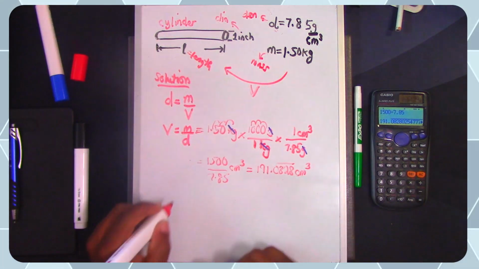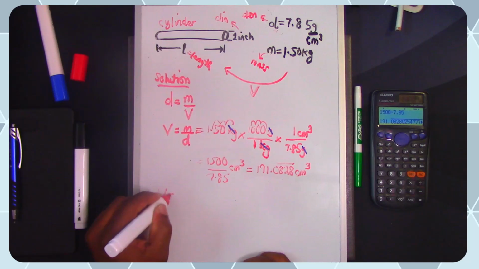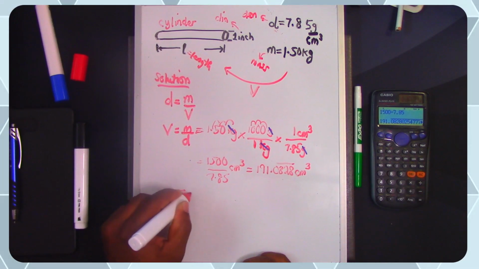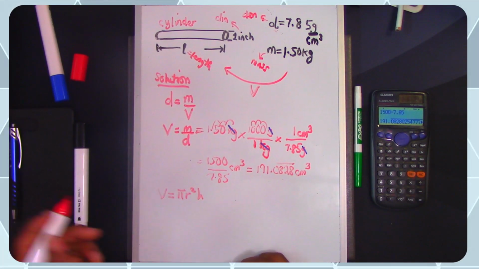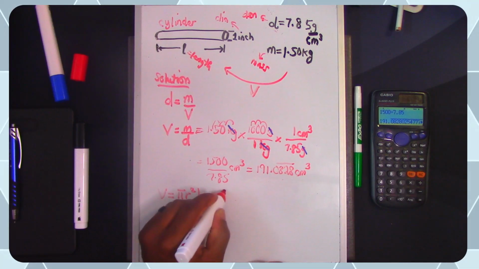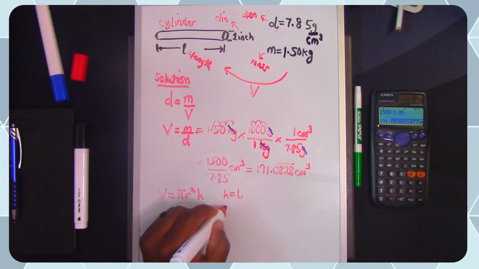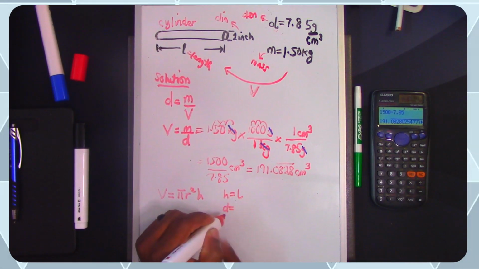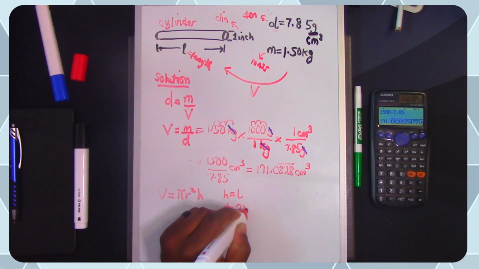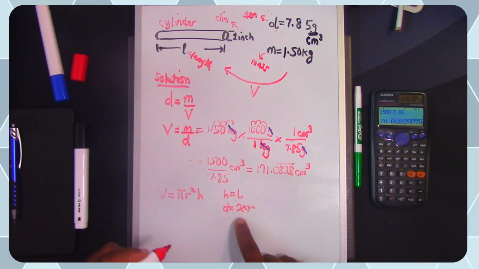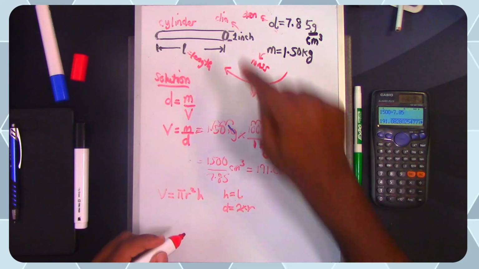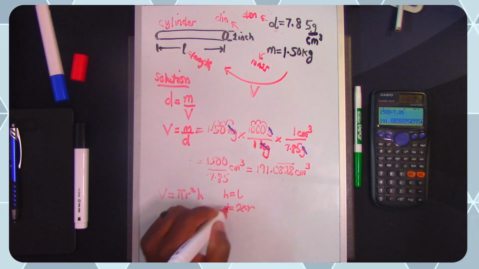Now the volume of a cylinder states that it is equal to pi radius squared multiplied by the height. This height here, take note, is equivalent to the length, and our radius can be transformed from the diameter. Since we know that our diameter is equal to 2 times the radius, that means that our diameter, that is given to be what? 1 inch.